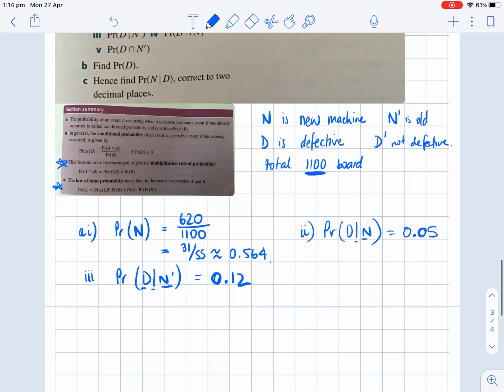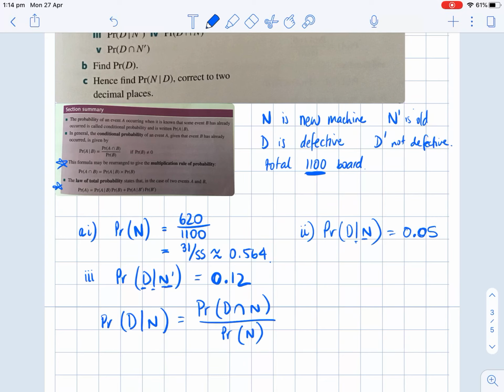I'm not quite sure how this goes together. I want it to be defective and from the new machine. Well, I know the probability of defective given that it's the new machine is equal to the probability of defective and from the new machine divided by the probability that it's from the new machine.